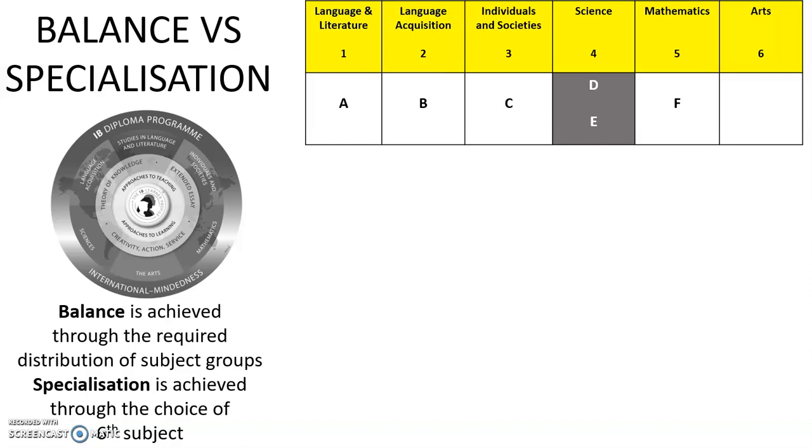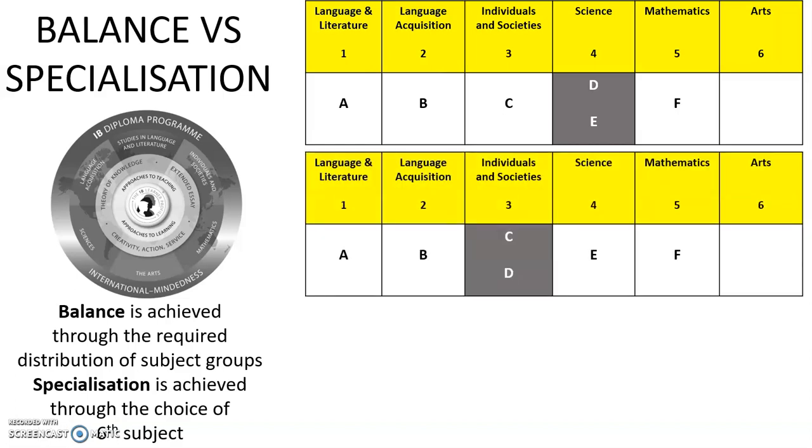So having chosen 5 courses from each of those groups, you have the option of picking a 6th subject from either the sciences group, as I've tried to illustrate here with the courses which I've called A, B, C, D, E, and F, or you could choose 2 courses from group 3, from the individuals and societies group. And again, you see the 6 courses represented by letters here, A, B, then 2 courses in group 3, C and D, and then a science, and then mathematics.